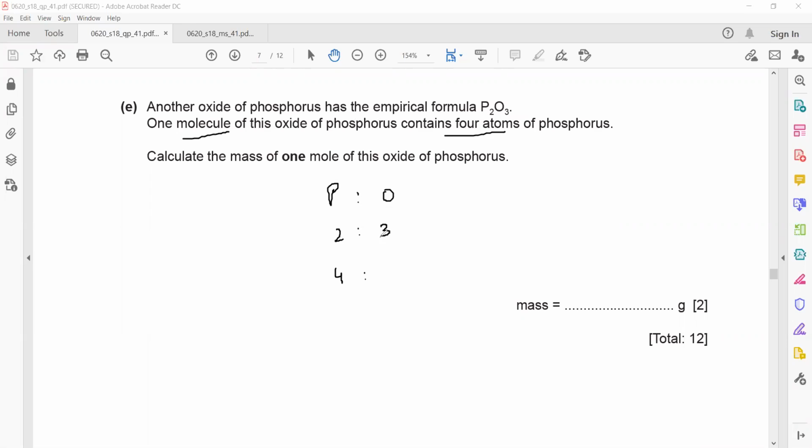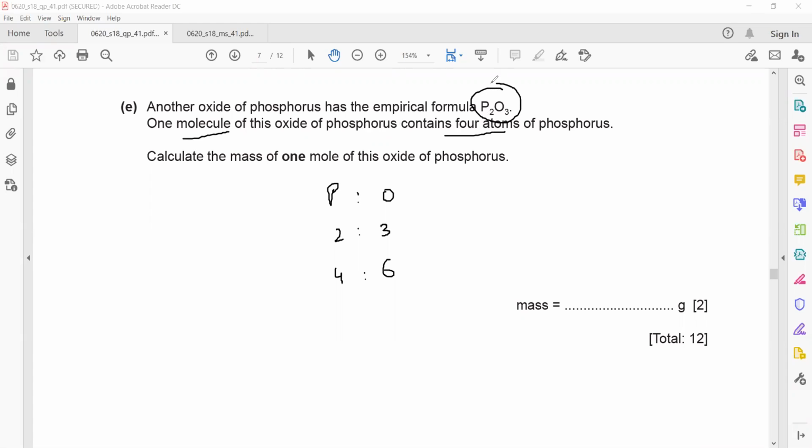The ratio is 2:3. The ratio should not change. So it will be 6. The empirical formula shows the simplest ratio, meaning the simplest ratio between phosphorus and oxygen is 2:3.